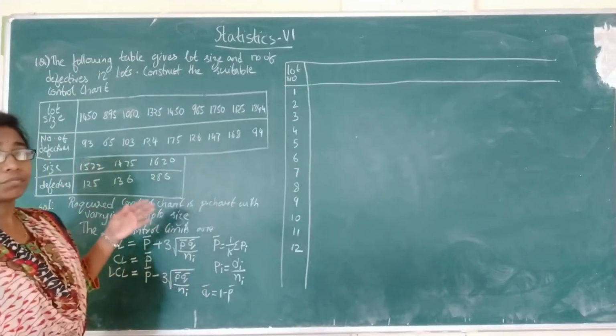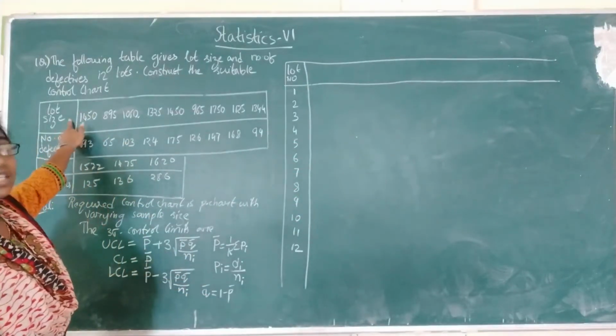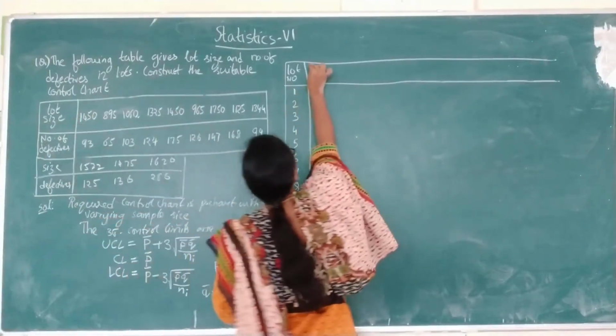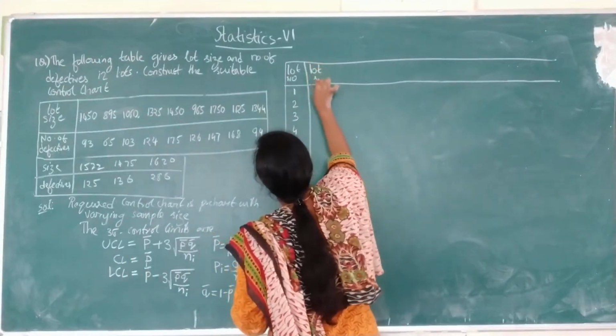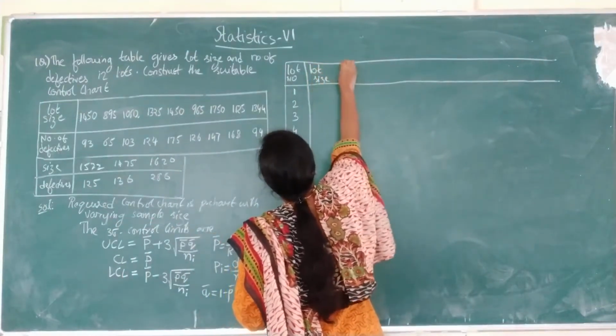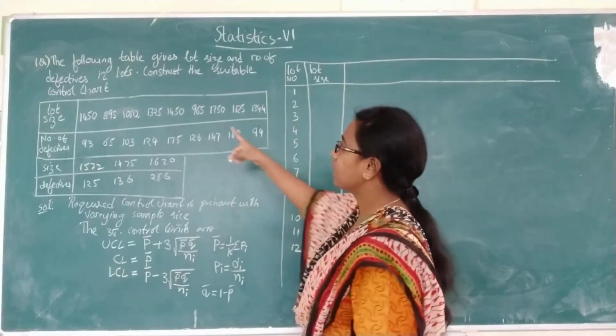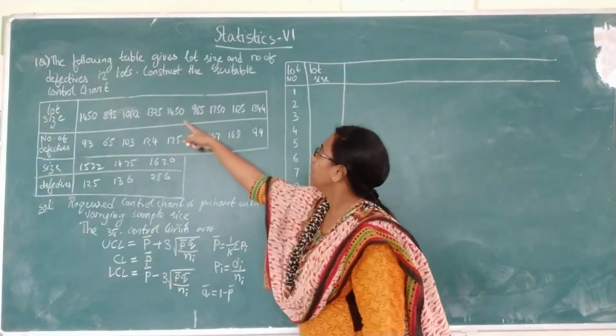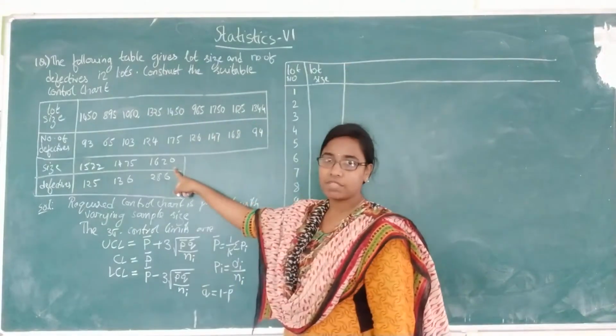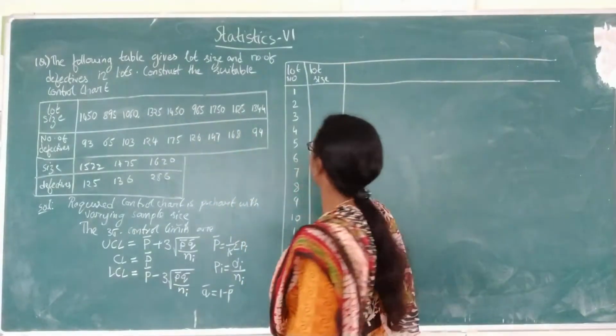Next you have to write the lot size, that is the sample sizes. Write all the lot sizes in the next column. In total 12 values you have to write.